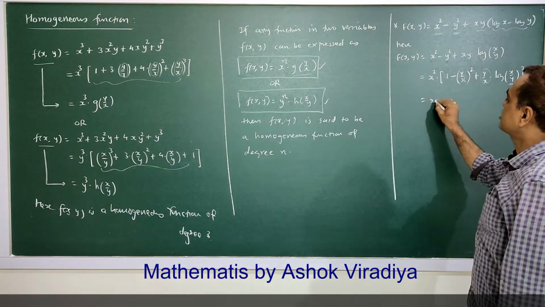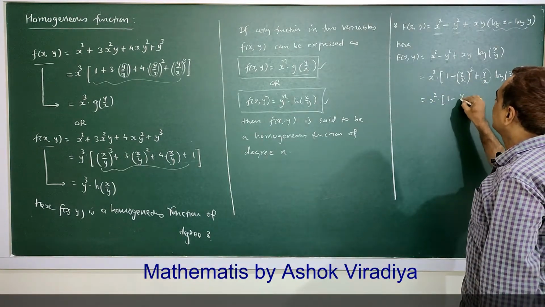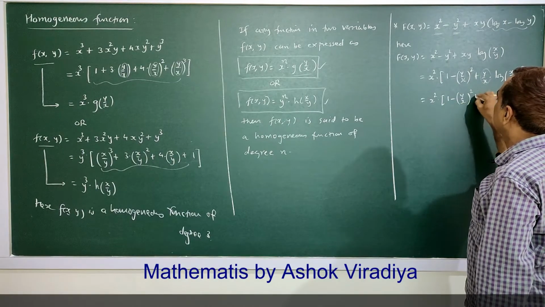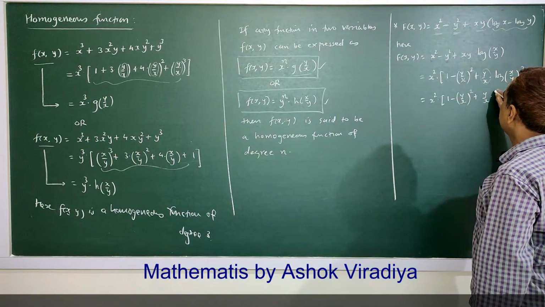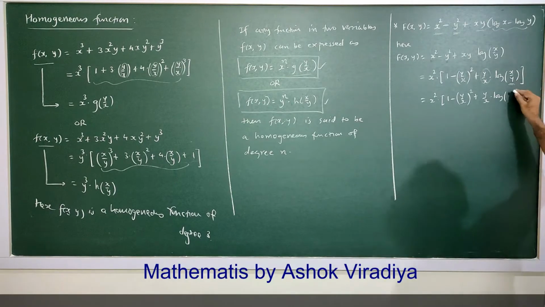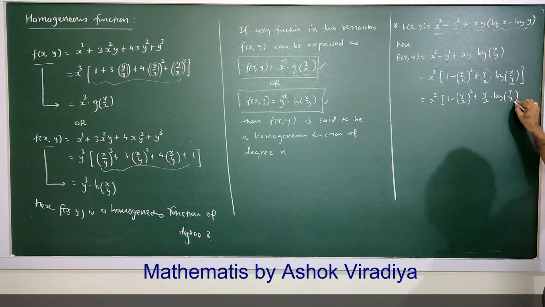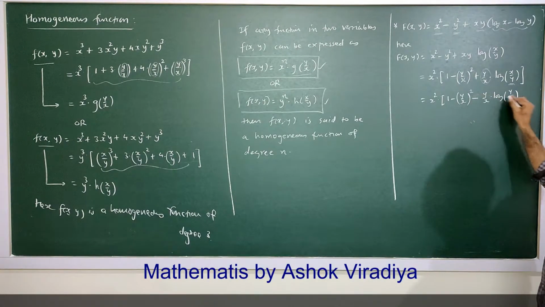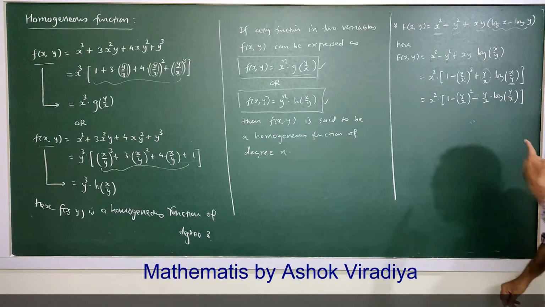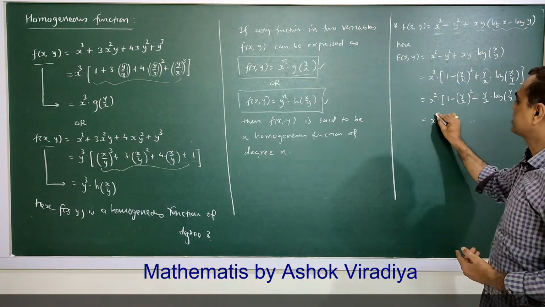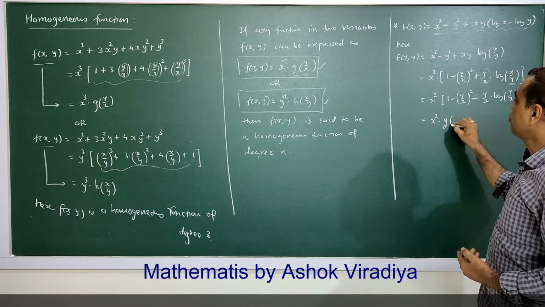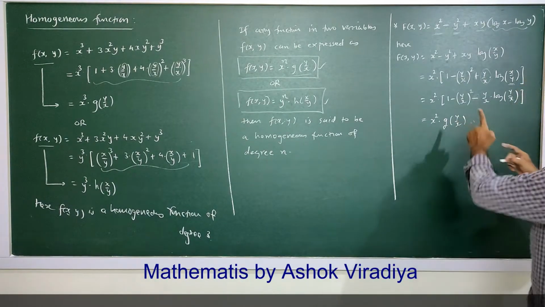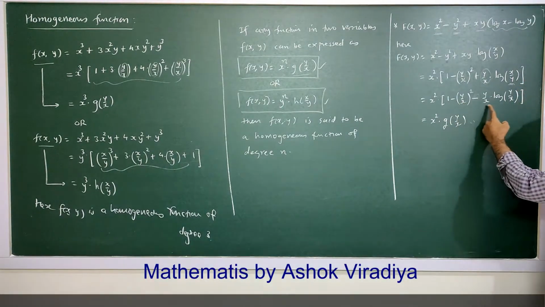So it is x square into (1 minus y by x) whole square plus y by x into, now I am taking the reciprocal here, y by x, so this sign will be changed, and you can see that this is x square into g of y by x, it is a function of y by x.